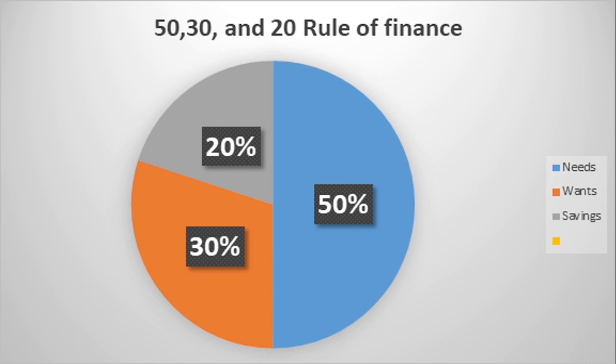One goes for my needs, that is 50% of the 315,000 I was remaining with, which was 157,500 shillings. The 30% is money that will cater for my wants.